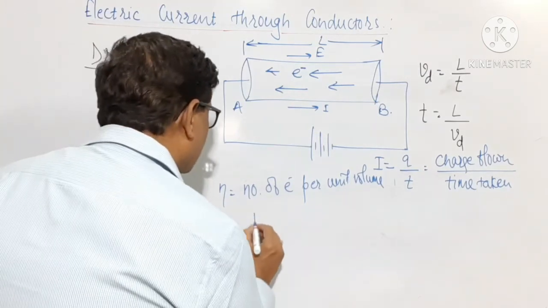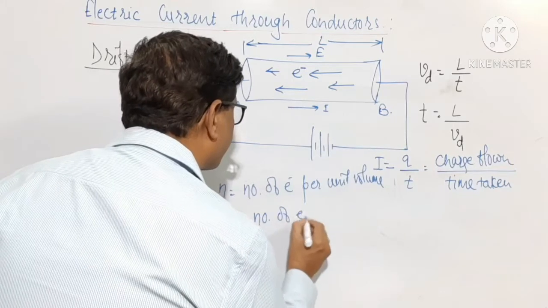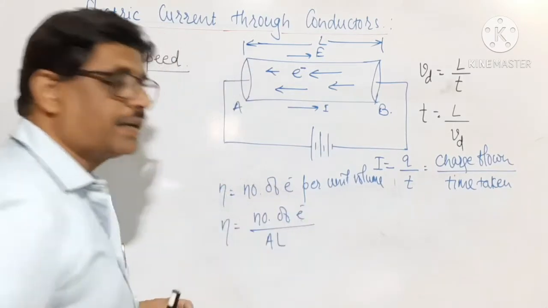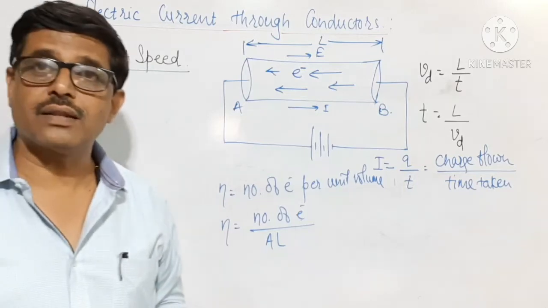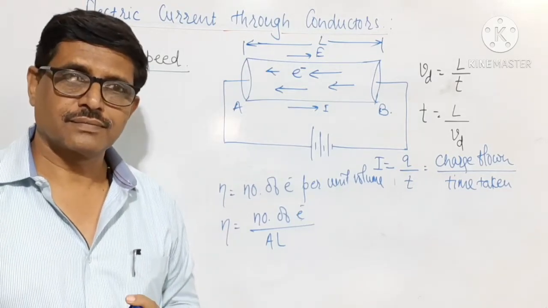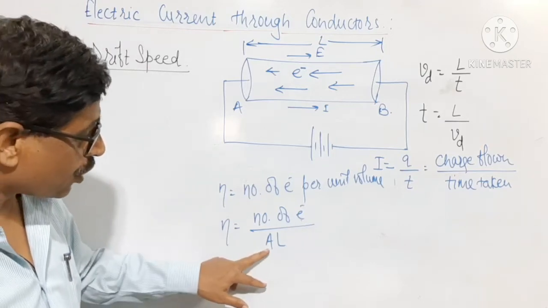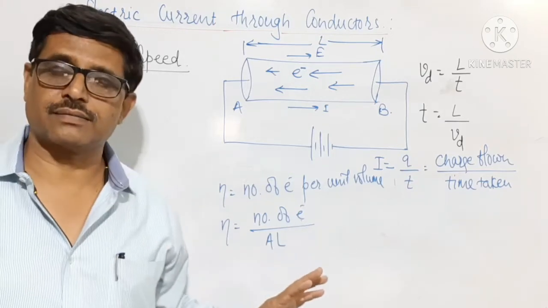The volume of the conductor is A into L, that is, the area of cross section into the length of the conductor.